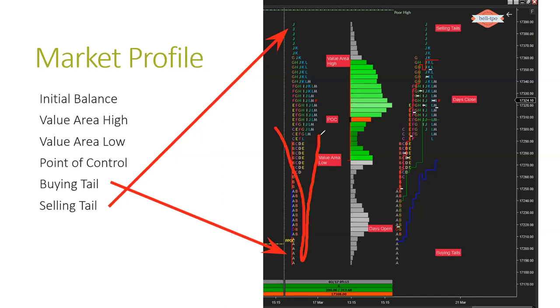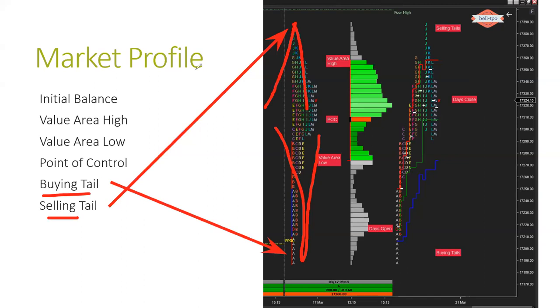That is where the selling activity comes to an end and buyers start pushing the price back into the value area. At the day high, the price keeps being pushed up and up by the buyers until they lose control, and sellers start taking control of the markets. That is why we call this a selling tail.